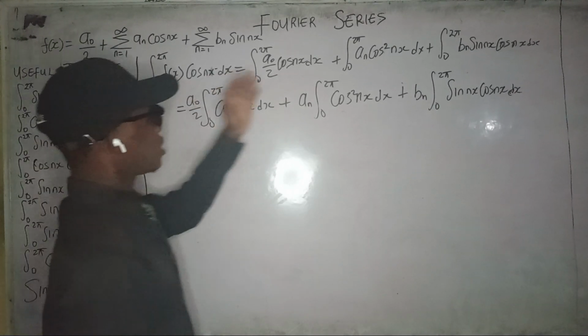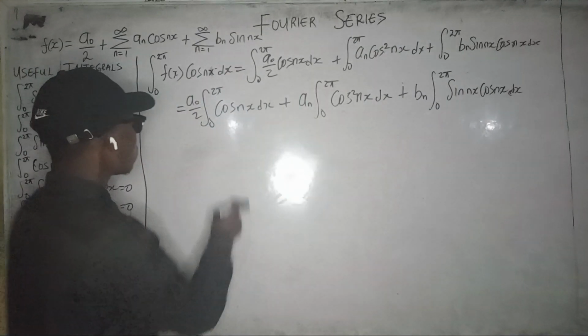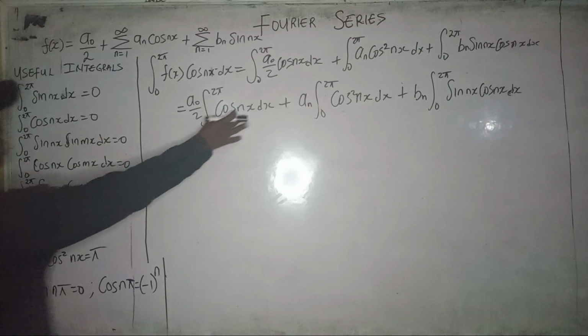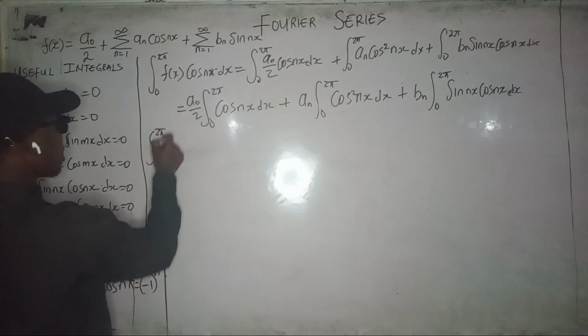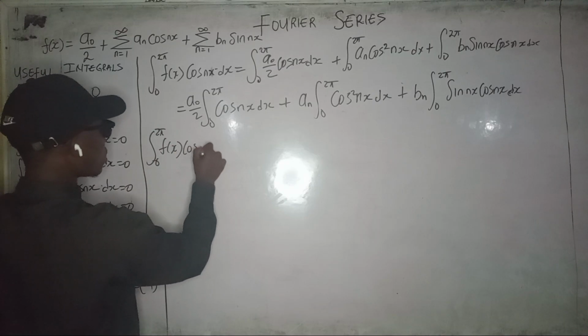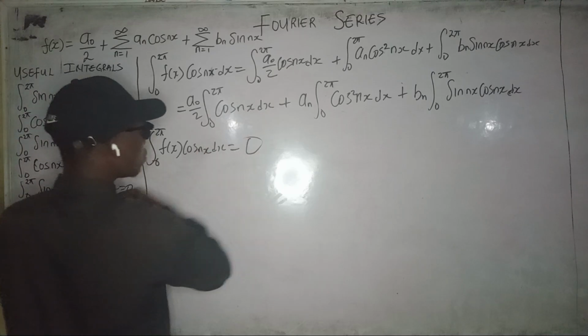So now, why you know that this works is that every other thing apart from what is on this side and this middle is going to become 0. Why? Because the integral of cos nx dx here is going to become 0. So we have the integral from 0 to 2 pi of f of x cos nx dx equals, this here is 0.